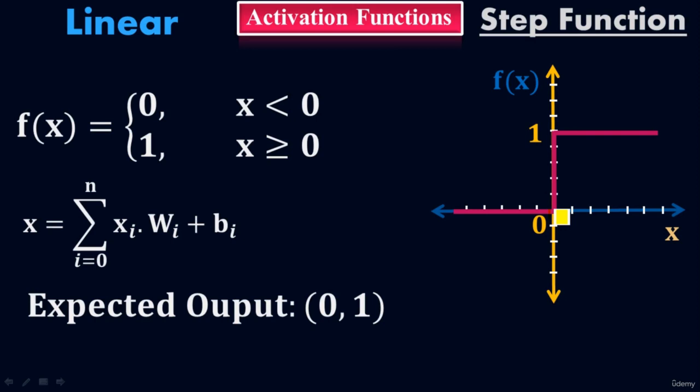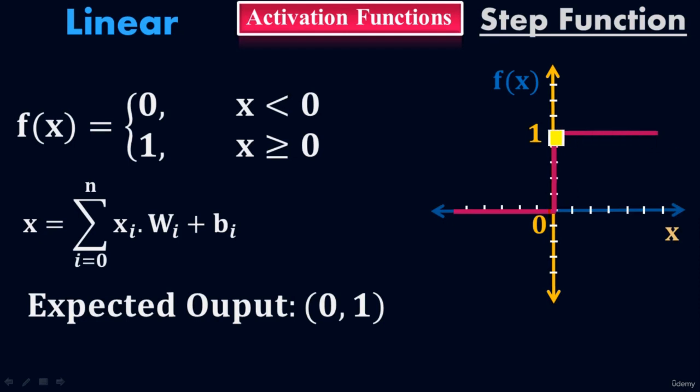Similarly on the negative side, whatever value you put in the negative side, step function will restrict it to 0. If x is less than 0, meaning x is negative, the output will be only 0. And similarly, if x is greater than or equal to 0, on the positive side, 1, 2, 3, 4, 5 up to infinity, or 0, it will be only 1.